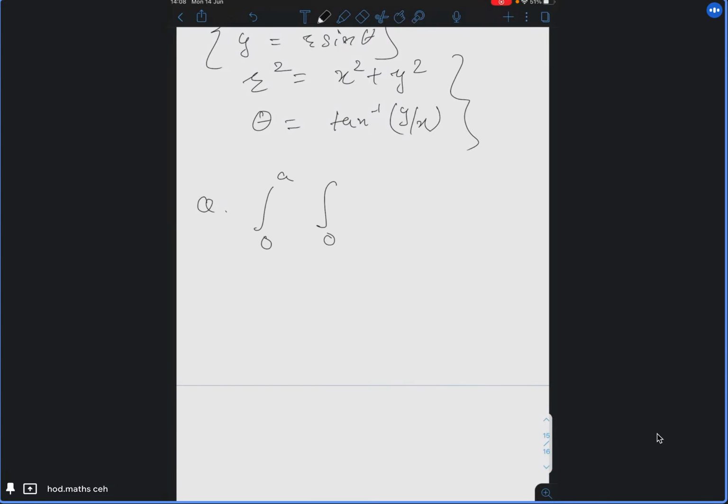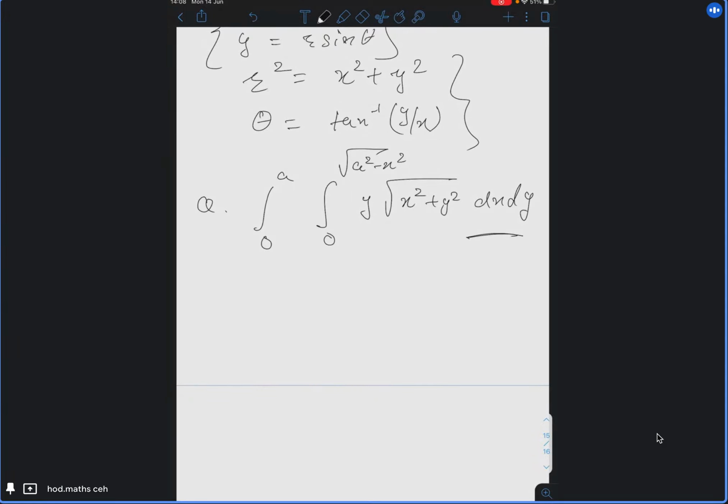Evaluate this double integral a square minus x square y into root over of x square plus y square dx dy. If it is a direct question, if they ask you to just evaluate it, you can directly go for it. Limits are given, function is given, the order is not written properly, so first you rewrite the order here. Is it or not?